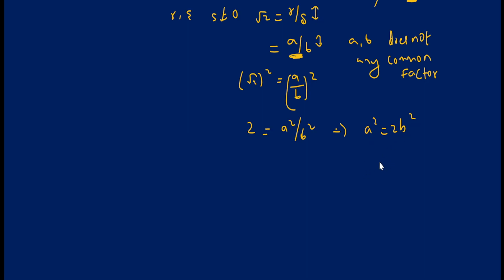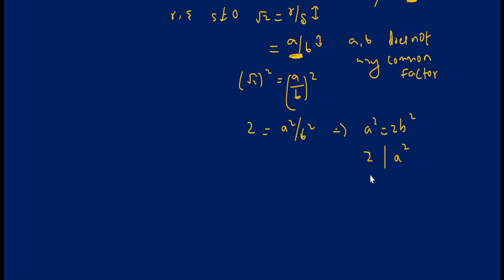From this, we can clearly say that 2 divides a square, right? A square is equal to 2 times b square, which means 2 divides a square.